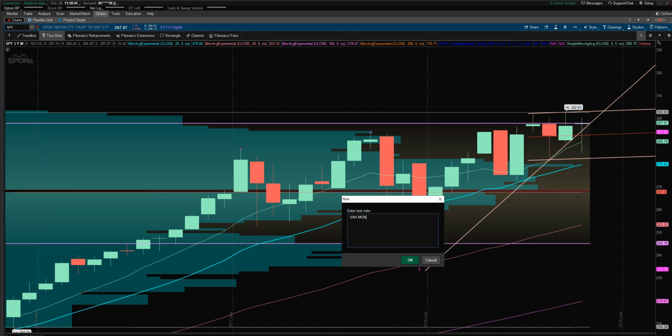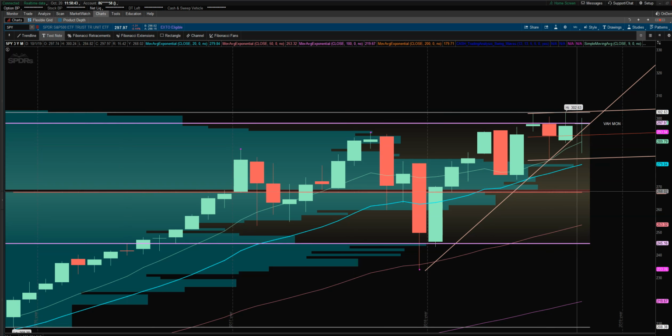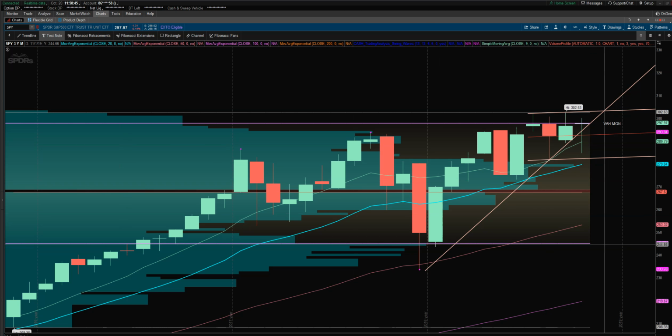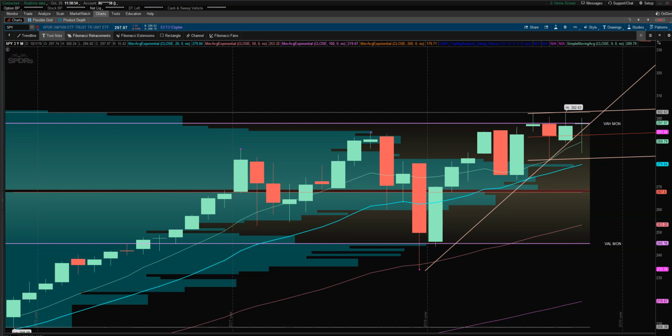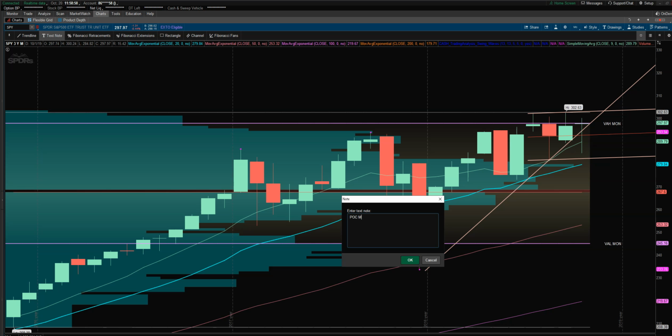Can't type today. We'll shift over to our weekly chart in a bit. We'll call this value area low on the monthly, and we'll do the same thing for the point of control, as a POC on the monthly.